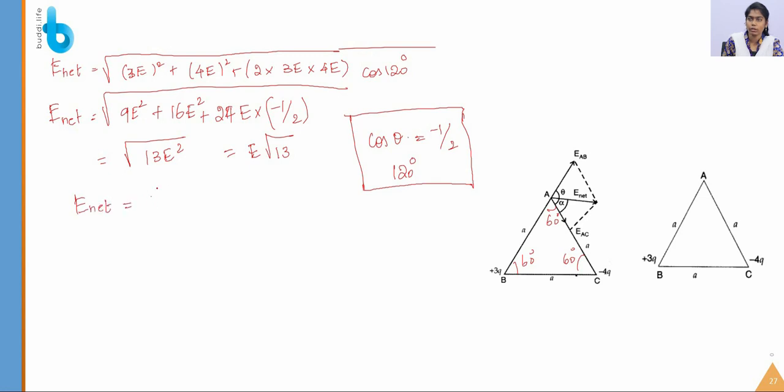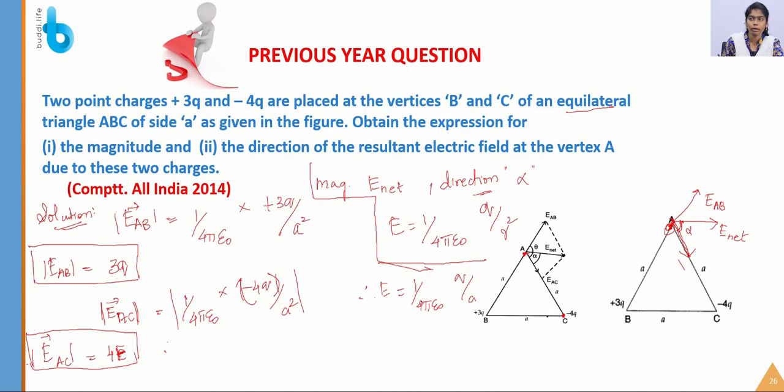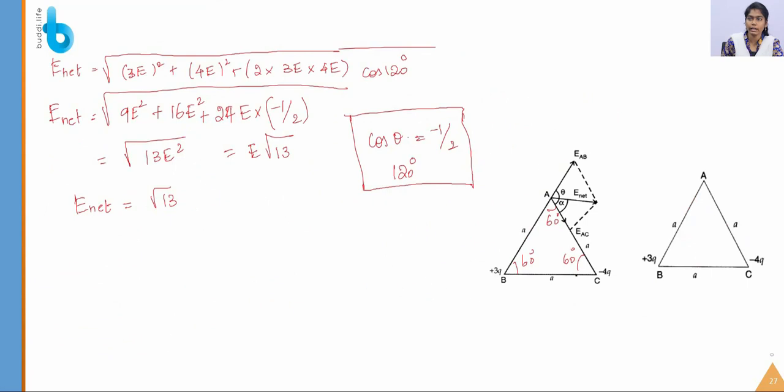The value of E net was root 13 E. What is the value of E? It is 1 by 4 pi epsilon naught Q by A square. So I am just substituting the value of E here. So this is the value of the net electric field.